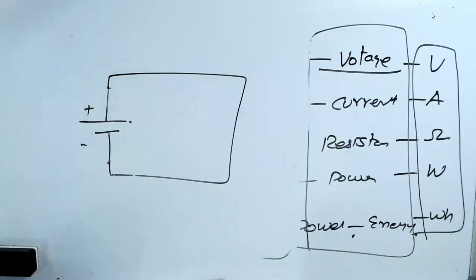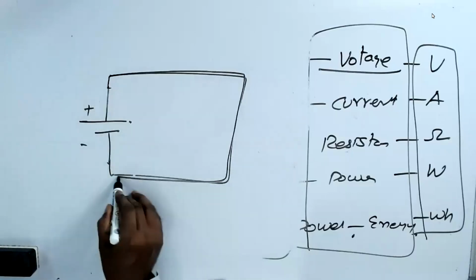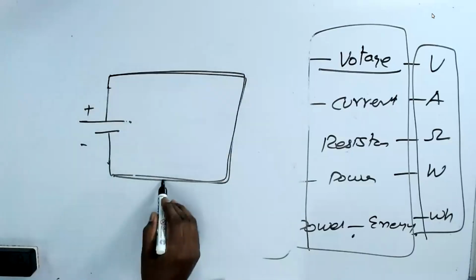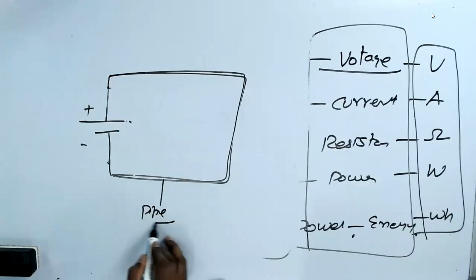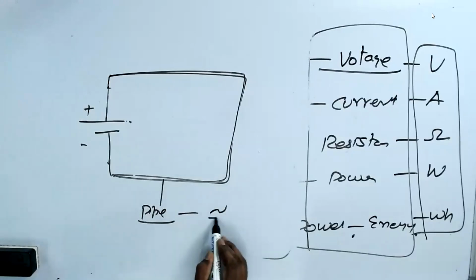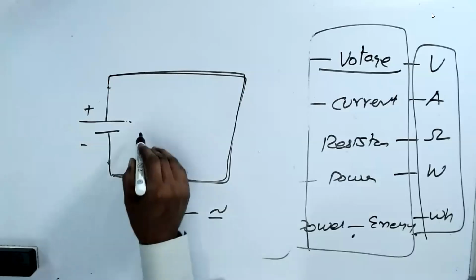I already told you that this conductor, or a pipe, the wire itself, has some resistance, maybe almost low resistance. Based on the voltage you apply, the current will flow.